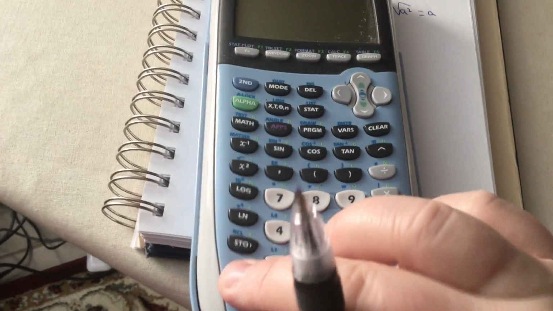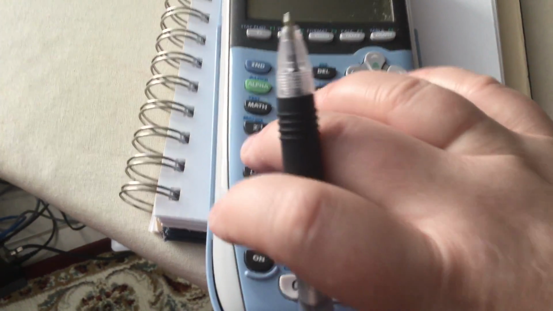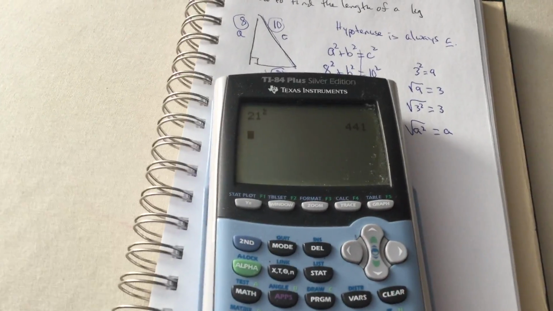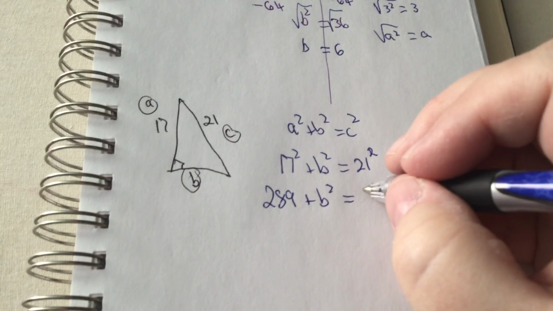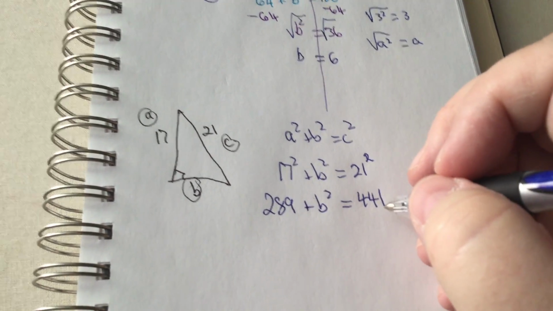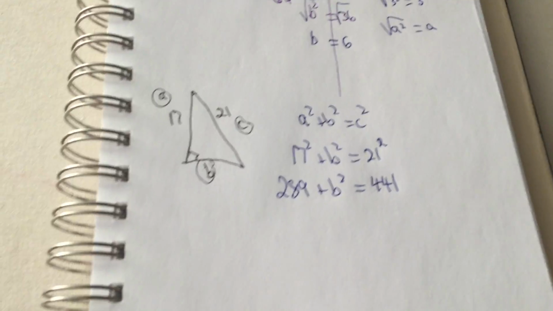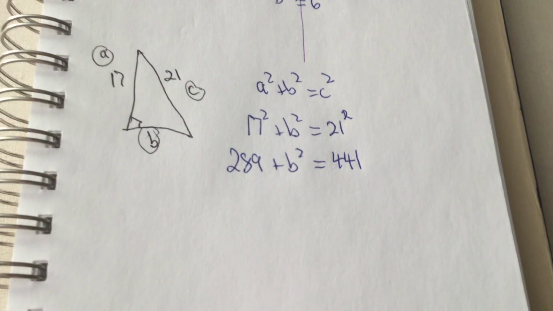It would help if it was on. There we go. 21, second power is equal to 441. I guess that makes sense because 20 times 20 is 400. So that makes sense.